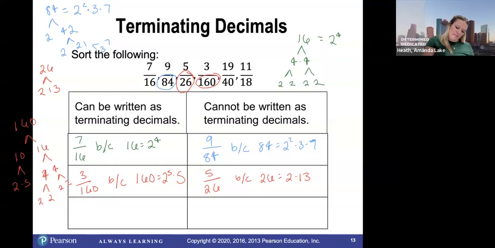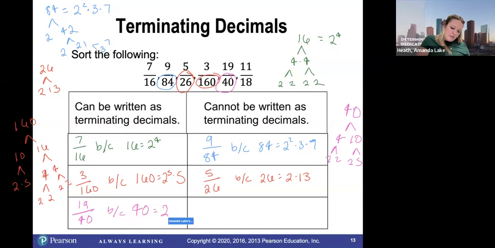All right, 40. I'm trying not to run out of space. 40, when we factor it, is 4 times 10. 4 is 2 times 2. 10 is 2 times 5. So three 2s and one 5. This is going in the yes because 19/40, 40 is 2 cubed times 5.